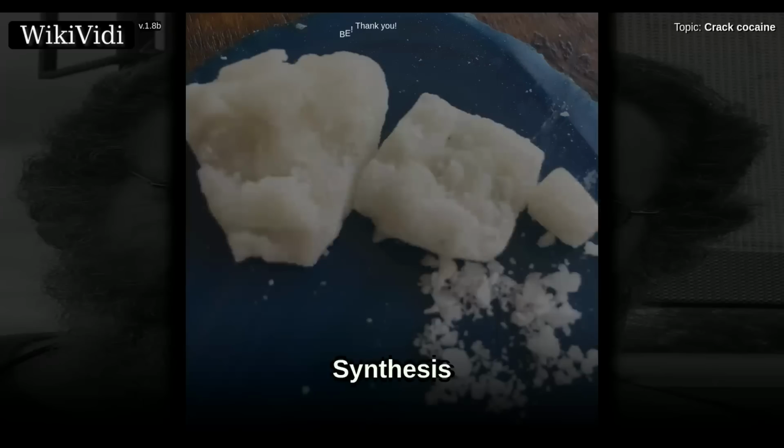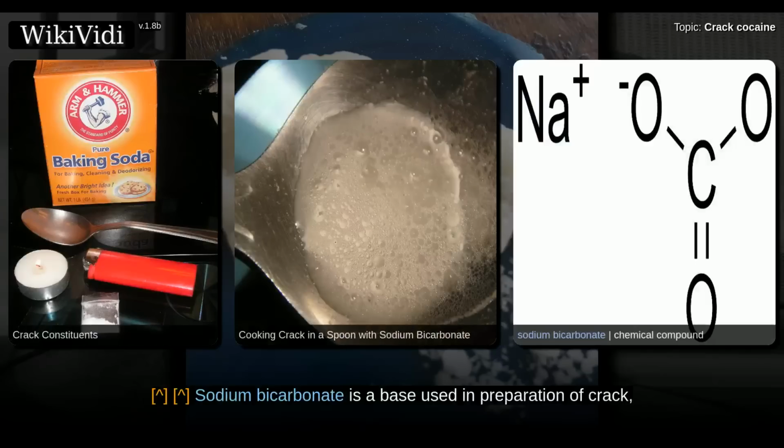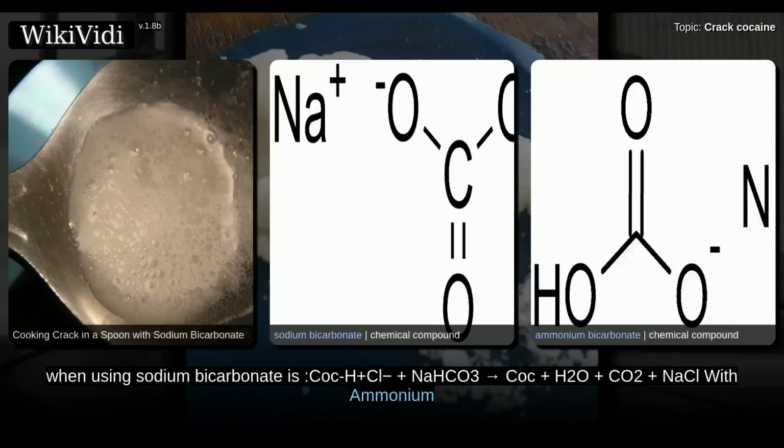Synthesis. Sodium bicarbonate is a base used in preparation of crack, although other weak bases may substitute for it. The net reaction when using sodium bicarbonate is COCH+ Cl- plus NaHCO3 gives COC plus H2O plus CO2 plus NaCl.